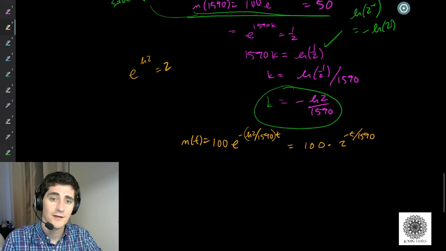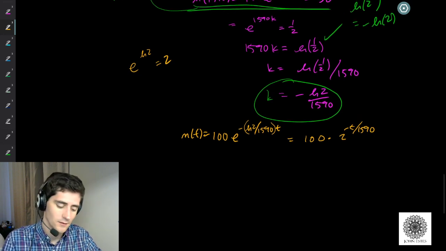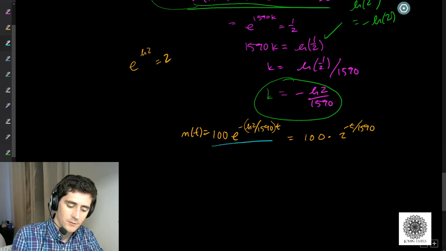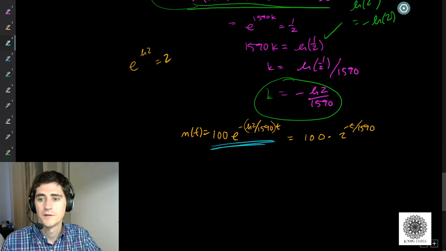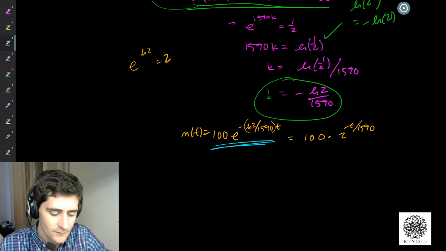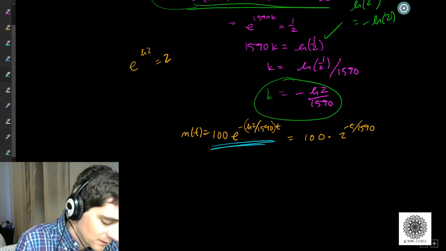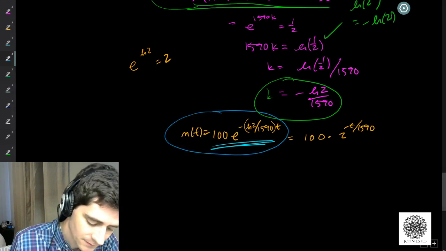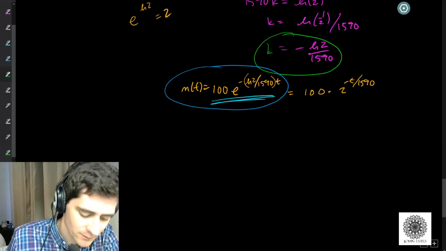That's why I didn't get a decimal, because I wanted to highlight that you could do that. But commonly, we just stick with the exponential function. I mean, why not? So there's our function. But we have some other things we want to do.